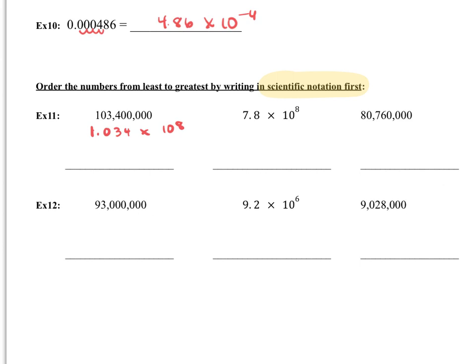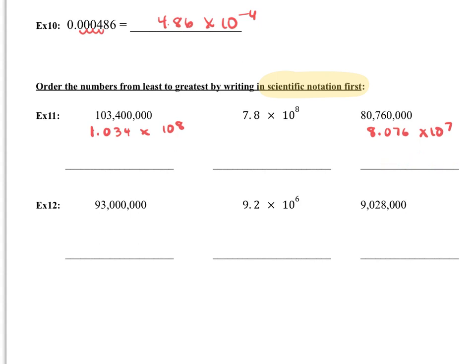My next one is I would make it 8.076 times 10 to the 7th. So right away, of my 3 answers, I can see that this one is the smallest because it has the lowest power of 10. So that means that my 80,760,000 is my least number.